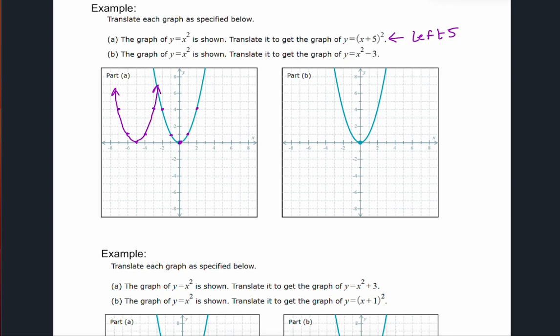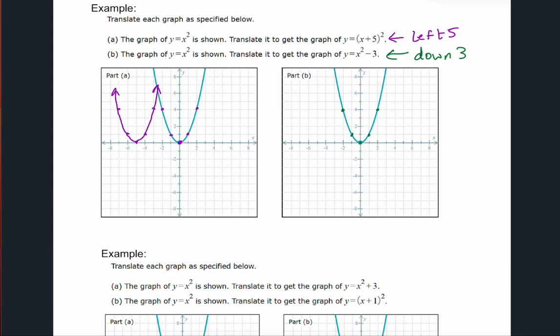Now the b, that -3, is on the outside of the square. It's on the outside of the function. So what happens if you subtract on the outside of the function? It moves it down 3. So let's take our good old points and scooch each one of those down 3 units.